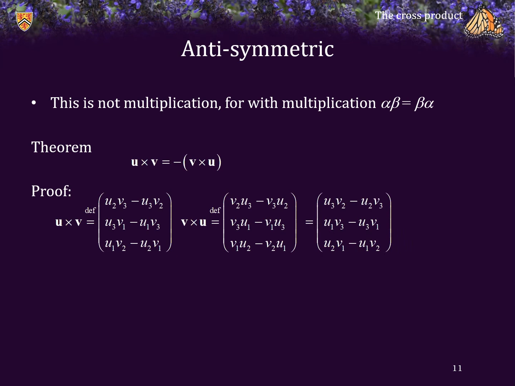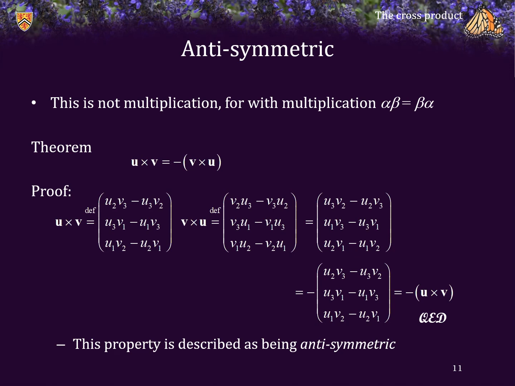What we will now do is factor out a -1 from each of the terms of that vector. That leaves us with that expression there, but you'll notice that that is the negation of u cross v. So v cross u is the negation of u cross v. And we're done.